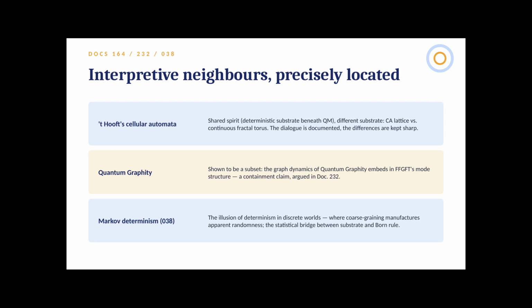The dialogue is documented and the difference is kept sharp, not blurred. And quantum gravity turns out to be a subset. Its graph dynamics embed inside the mode structure of the torus, so it sits cleanly within the framework rather than competing with it. The habit here is the same one as everywhere else. Locate the neighbor exactly, say what is shared and what is not, and keep the comparison honest.